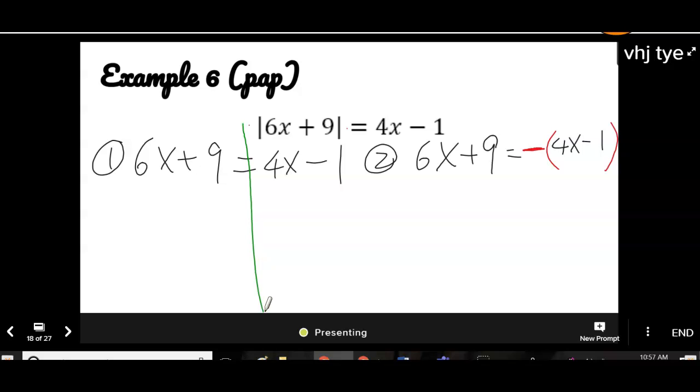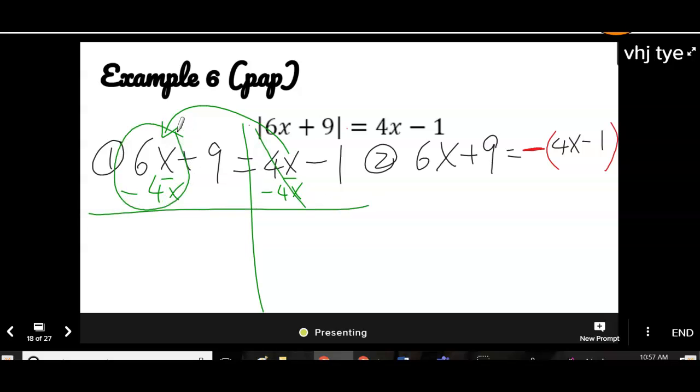For the first equation, you'll see 2x on different sides, so first move them to the same side by subtracting 4x. And here you can combine like terms. 6x minus 4x gives you 2x, and bring down the rest. And keep solving it.